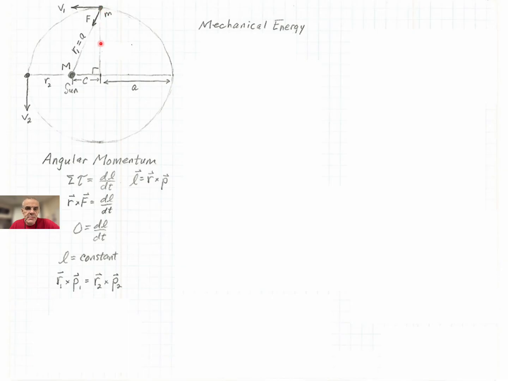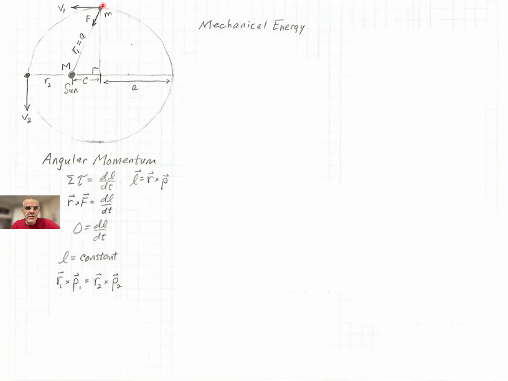I've drawn an ellipse. Any ellipse has this parameter called the semi-major axis. That's the value of A. In this solution, by the way, A is not acceleration. A represents the semi-major axis of the ellipse. The sun is offset from the center of the ellipse by a certain amount C, which can be determined using the eccentricity.